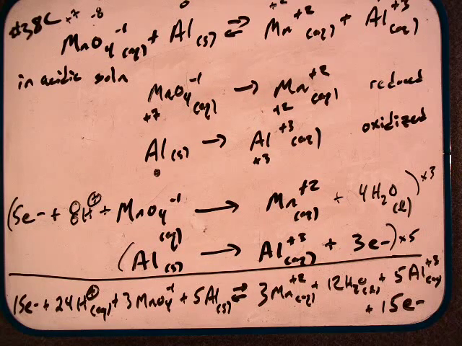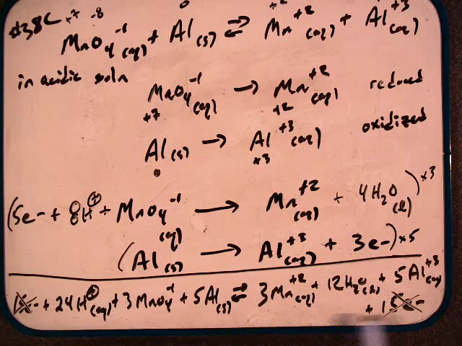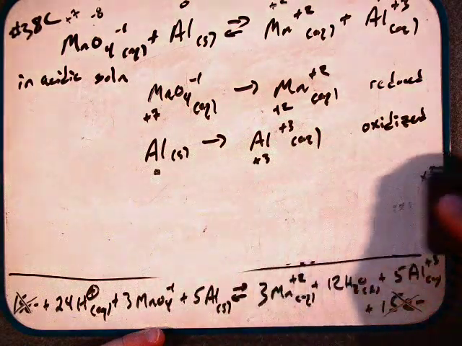And so now that we have the sum of these guys, we want to cancel out species that appear on both sides of the equilibrium. The first thing that we should cancel out should be our electrons, and they should be equal because that's really what we did here in the cross multiplication step. And now that is it. Everything has been reduced out.